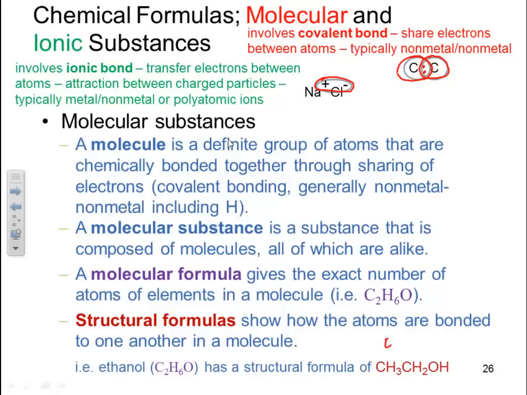In essence, we're looking at this as a structural formula. This is something that you'll come across in our course a little bit, but you get a lot more detail of that when you go to organic chemistry.